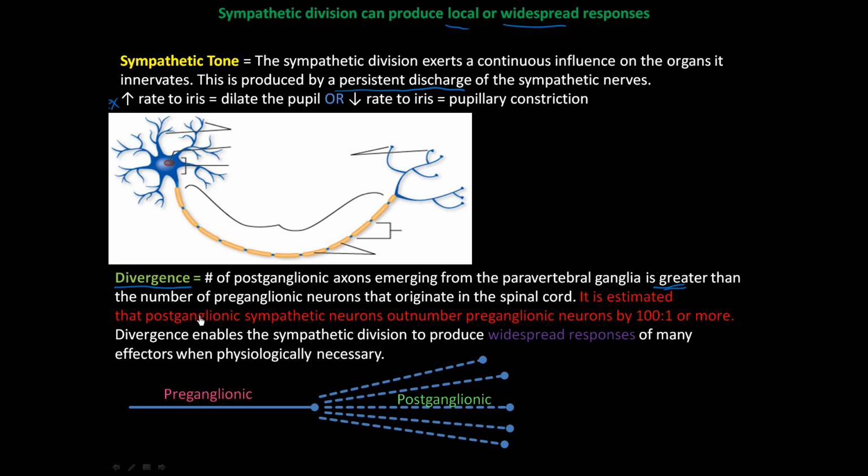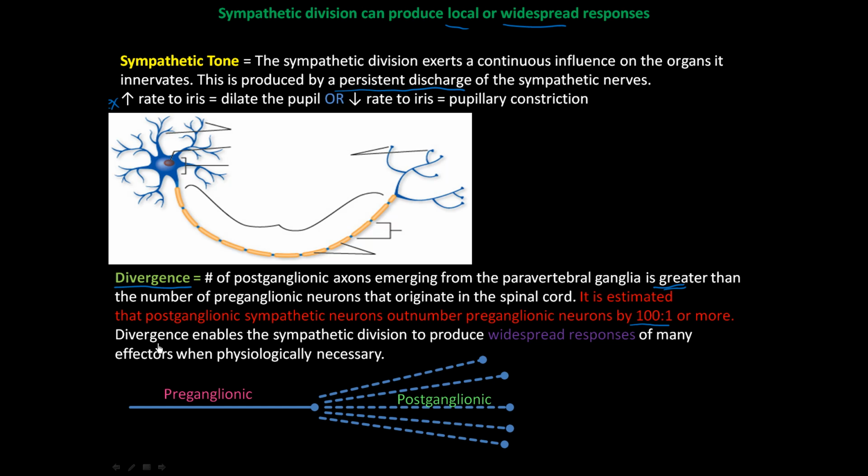What this is saying is that one of these preganglionics innervates 5, 6, 7. It's estimated that there is a 100-to-1 ratio. So this preganglionic nerve could innervate, as an estimate, up to 100 postganglionic nerves.